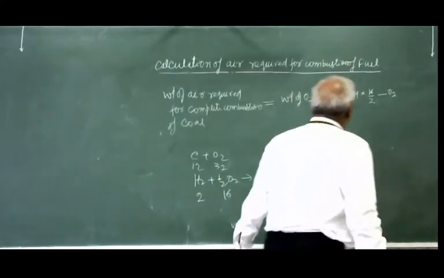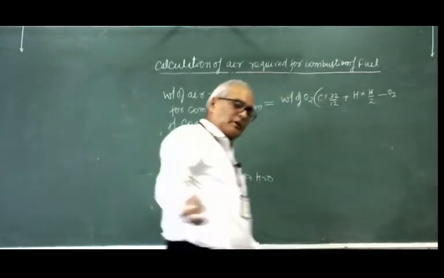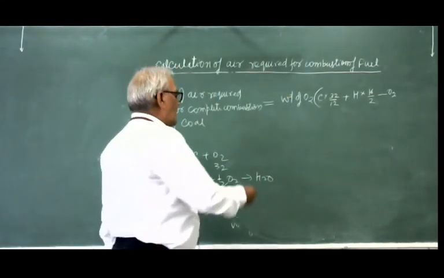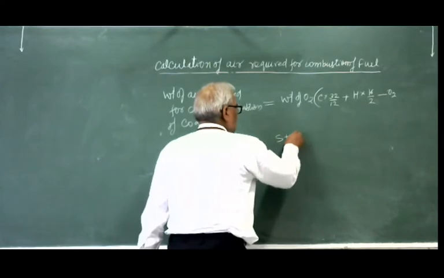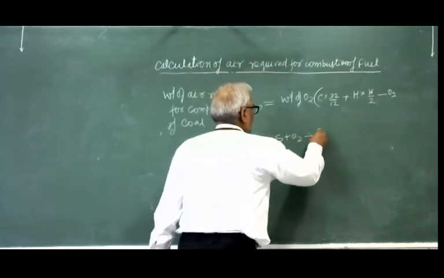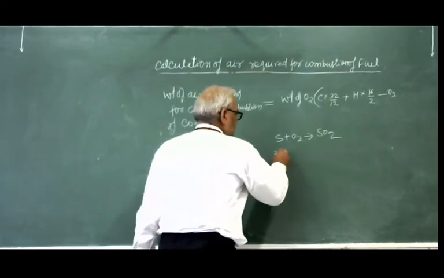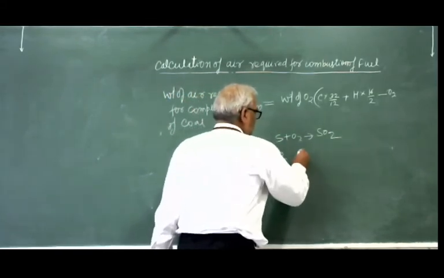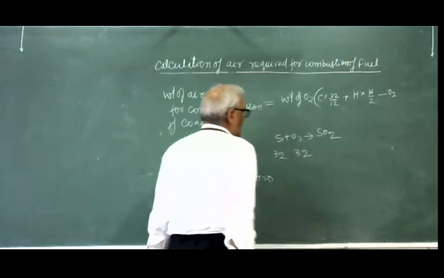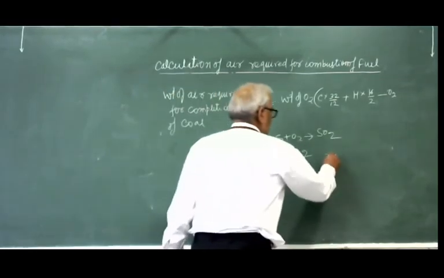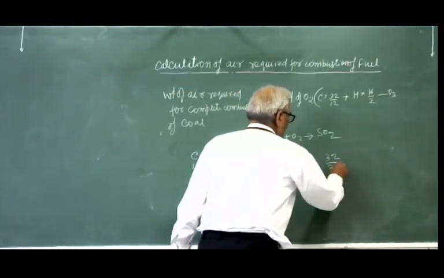One thing more. Suppose if sulfur is also given, sulfur, S plus O2, you will get SO2. S is 32, oxygen 32. So the conversion factor will be 32 upon 32.